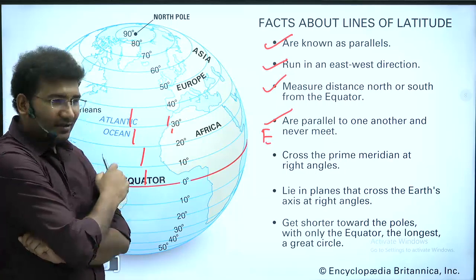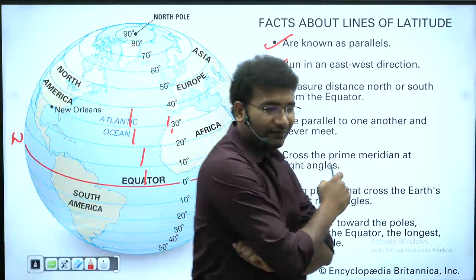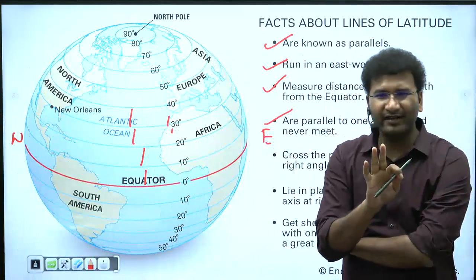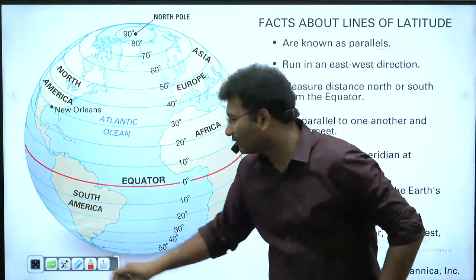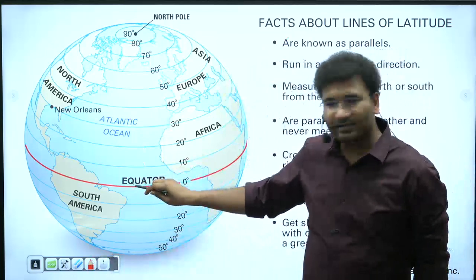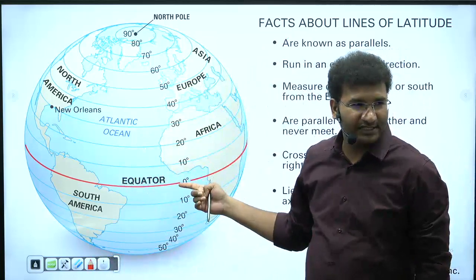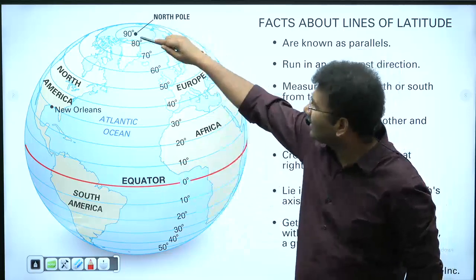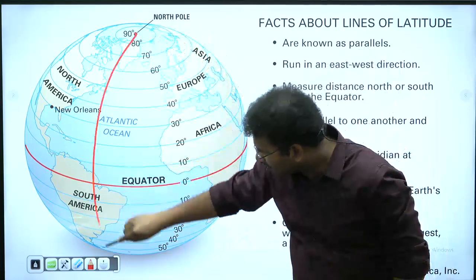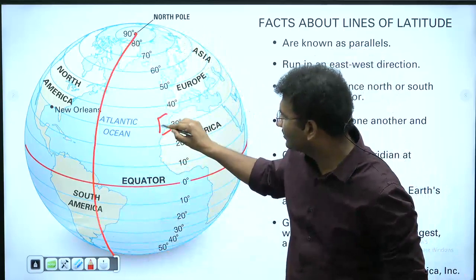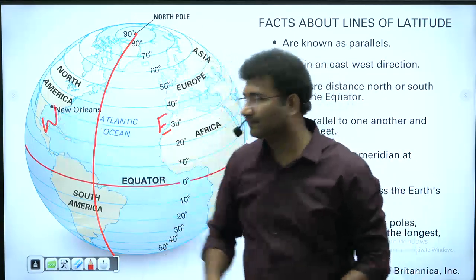Next, suppose I am drawing a prime meridian. सबको पता है ना prime meridian क्या है? Prime meridian मतलब longitude. Like the earth, a line which divides the earth into northern hemisphere and southern hemisphere is called the equator. Like that, I'll draw a line from one pole to another pole that divides the earth into east and west.